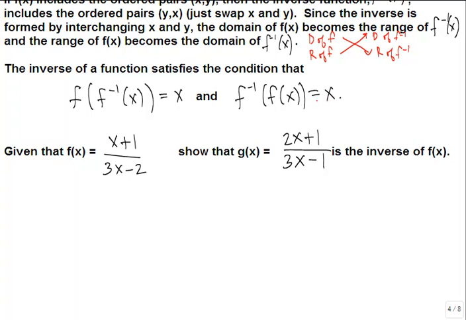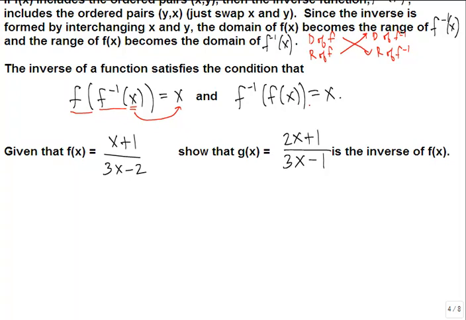What does that really mean? Well, remember, composition means you do one function followed by another one. So on this first example, we're starting with an input of x. We're going to apply f inverse to it, which will change it a little bit, and then f is going to undo everything that f inverse just did and give you back the x that you started with.